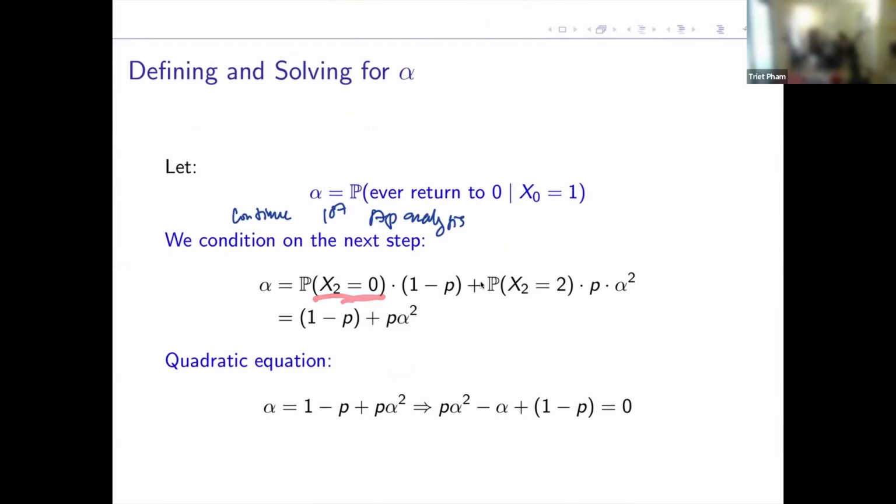So of course, one more time, then F10 is either, you go back to 0, and then you're at 0, you're done.